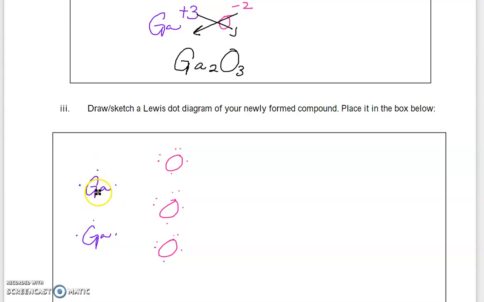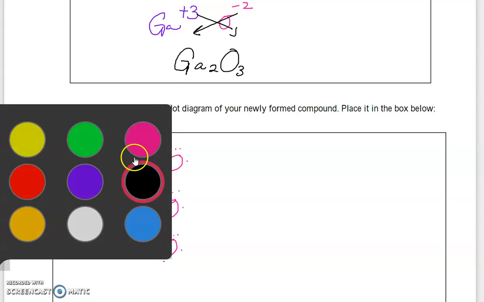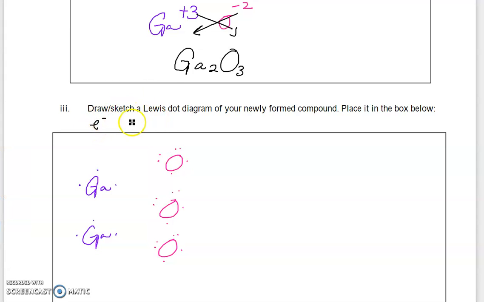Okay, so what happens when you put these atoms together is that your electrons are going to want to go from your metal to your non-metal. So it's going to go from Ga to O. Remember, each atom can hold a max of 8 valence electrons in its outer shell.